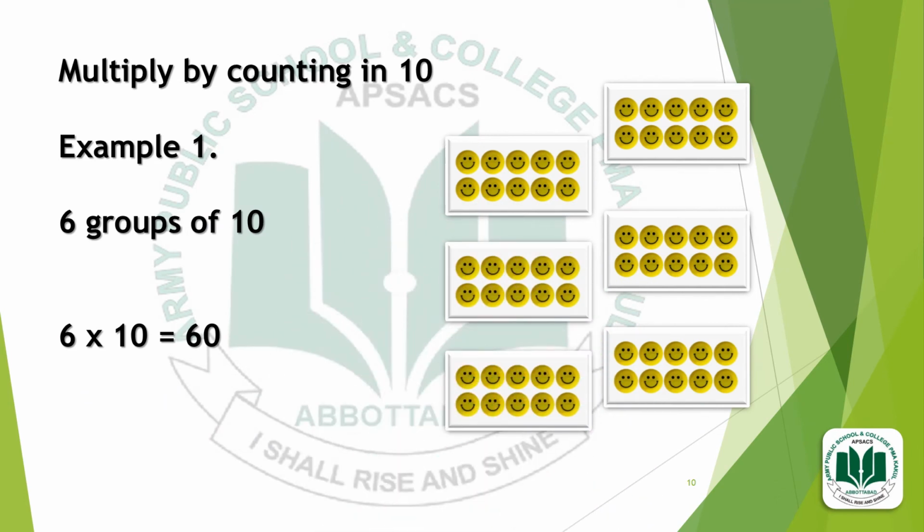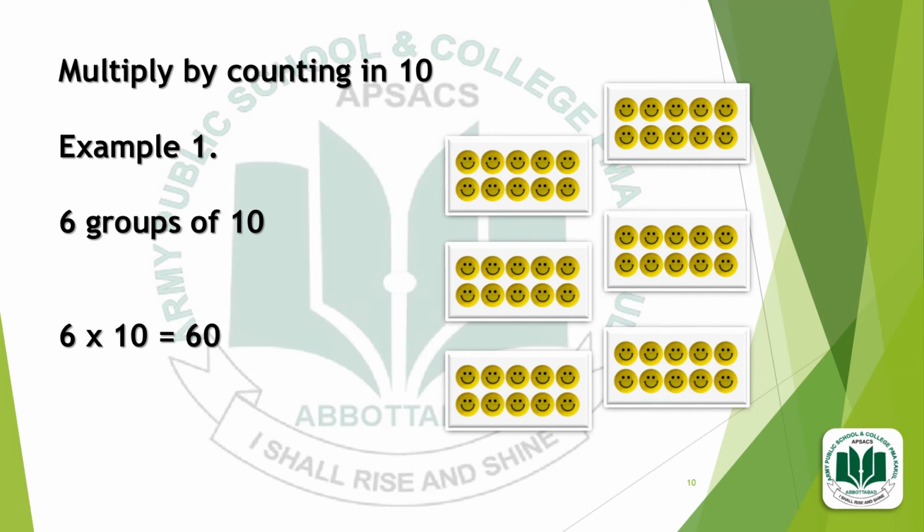Students, now I will explain the multiplication by 10 with the help of an example. Now again there are different groups given. Count the number of groups. How many groups are there? There are 6 groups. And how many things in each group? There are 10 things in each group.